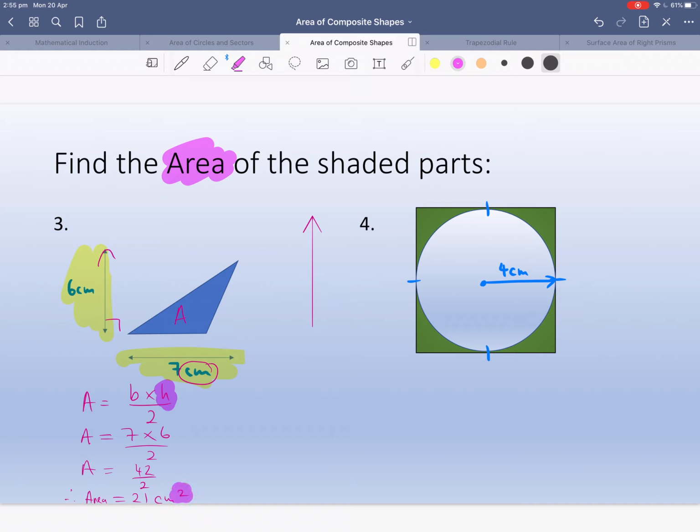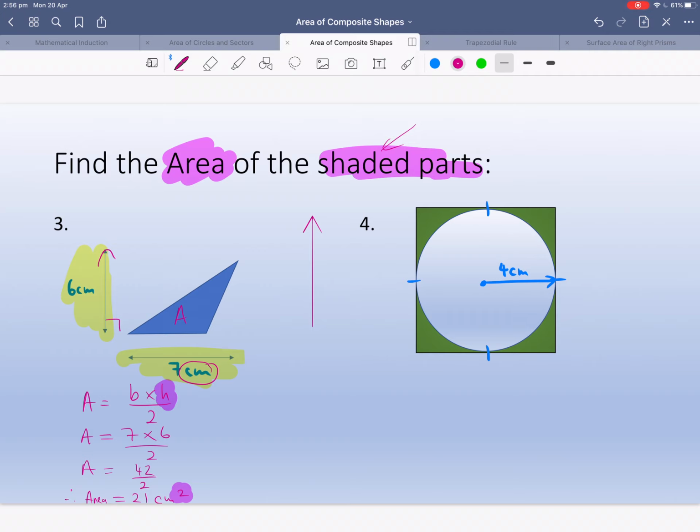Alright, example number 4. Now, this is a composite shape. And it tells us that it wants the shaded parts. I'm pretty sure that's supposed to be double D. We'll see how we go later. Alright, so we have two shapes. Can you tell me what the two shapes are?